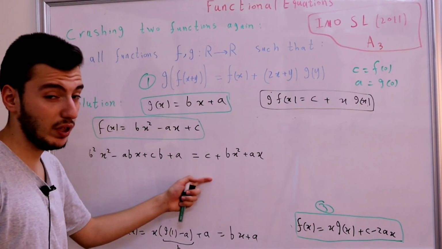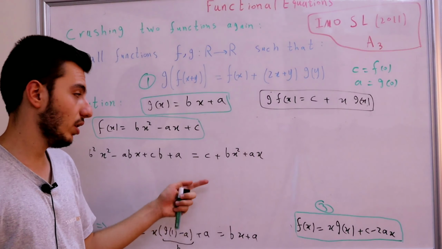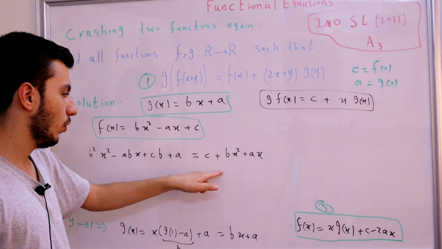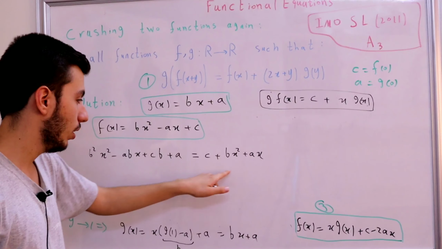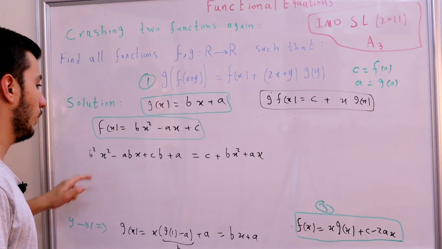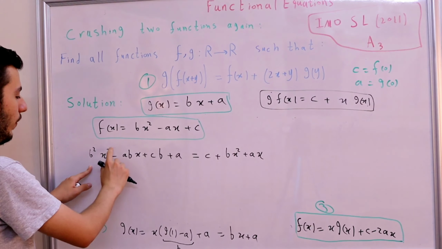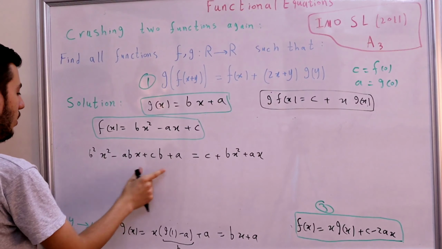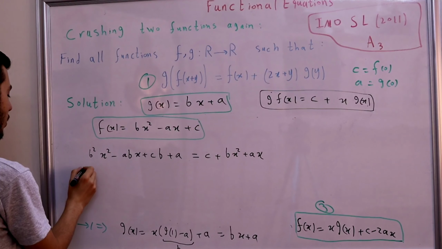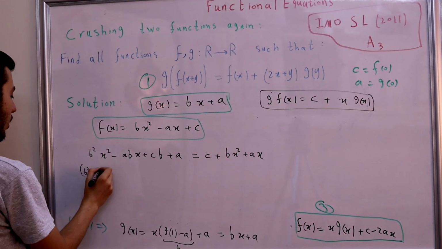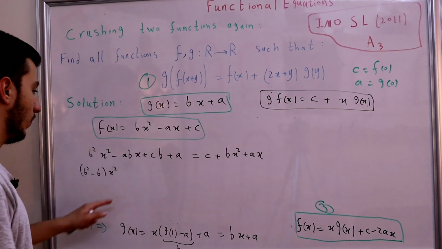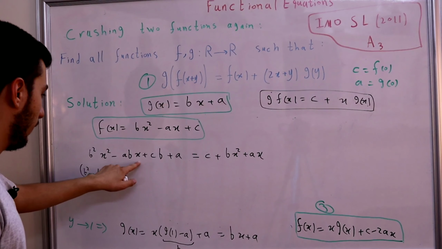Okay, so now I have this very easy equation. Actually it is a polynomial equation. So we can now compare each power of x. For example, we can group this as the following: (b squared minus b) times x squared. What about the coefficients of x?